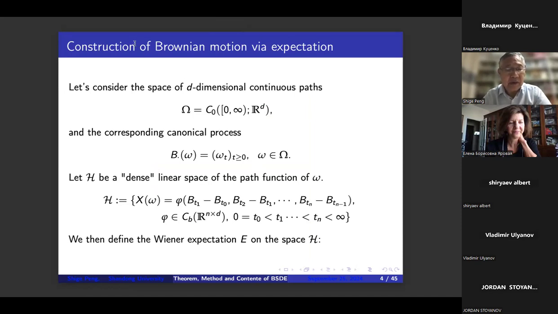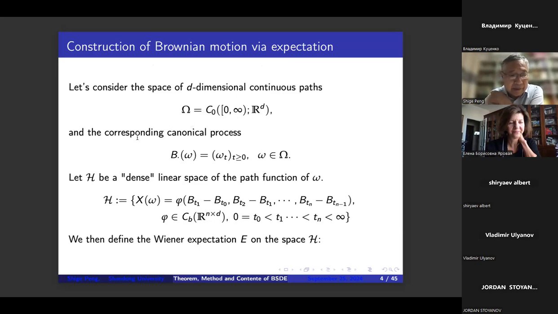In this we just consider the space of d-dimensional continuous paths starting from 0. That is, the whole omega is the collection of paths of this C0.